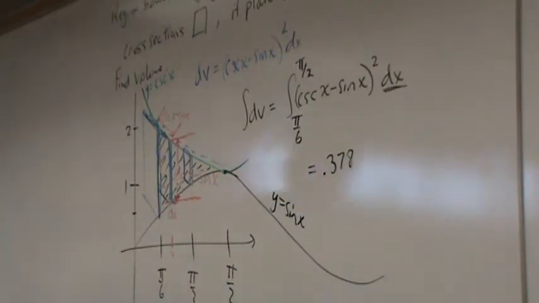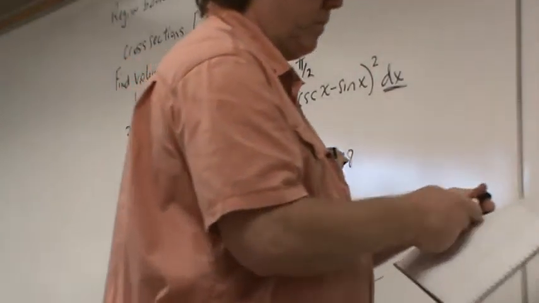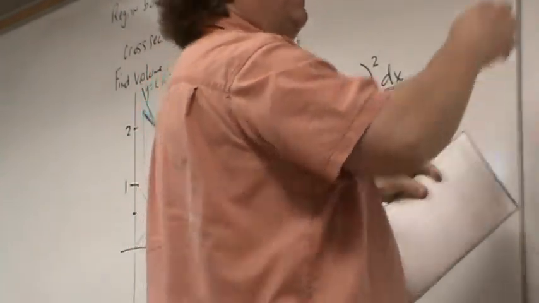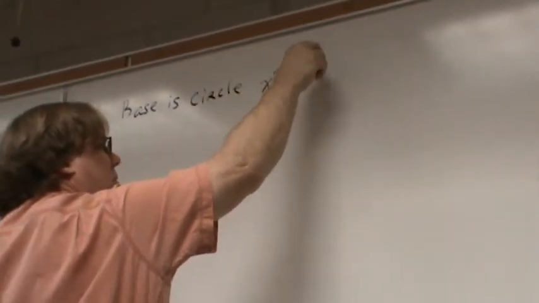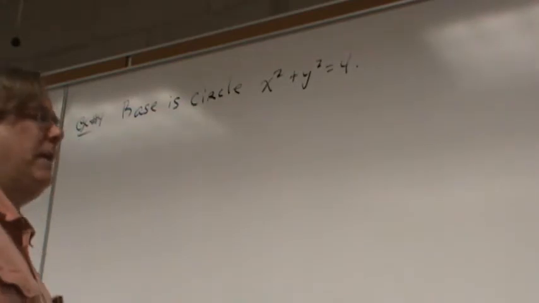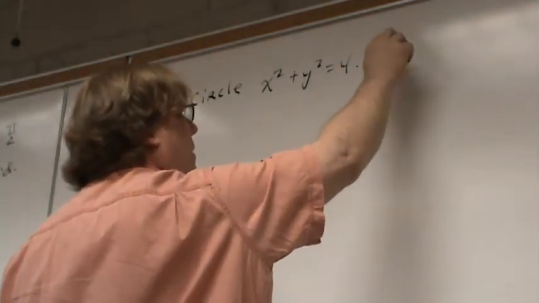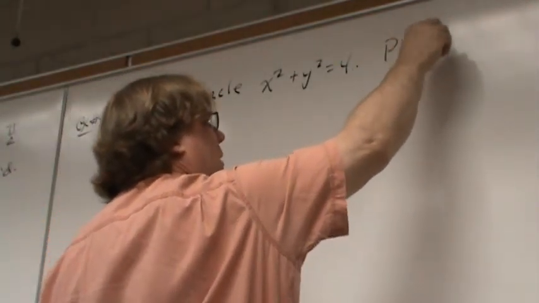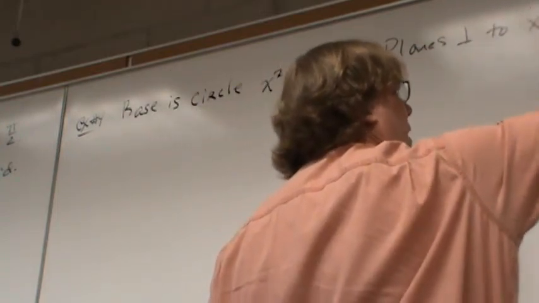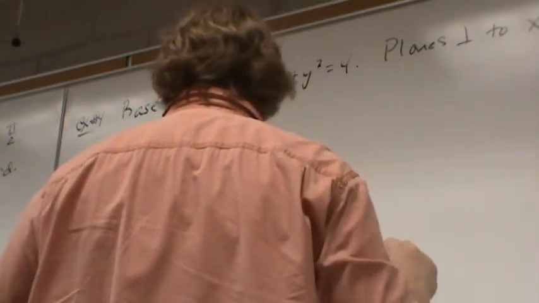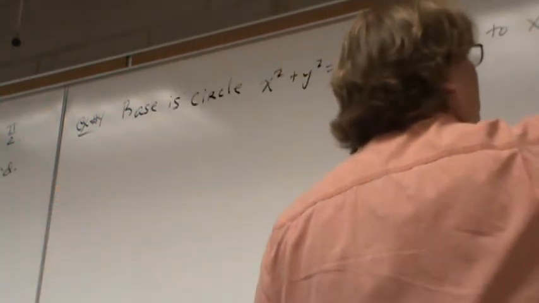Here we go. Okay. This is example number 4. Base is the circle x squared plus y squared equals 4. Alrighty. Planes perpendicular to the x-axis. Do I want x-axis or y-axis? X-axis, cut squares.